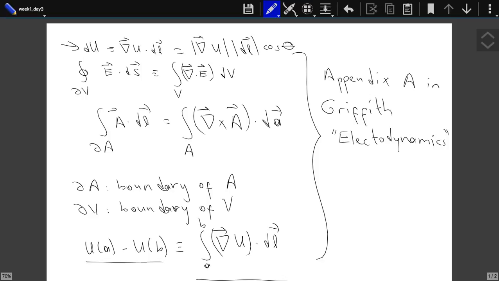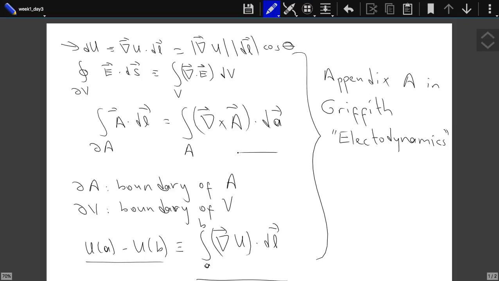Now, if you look at the curl of a function, to interpret what that is, just look at this one. You have your function, and you are integrating it over a closed loop. If your vector field itself curls around that closed loop, then this integral will be maximum.